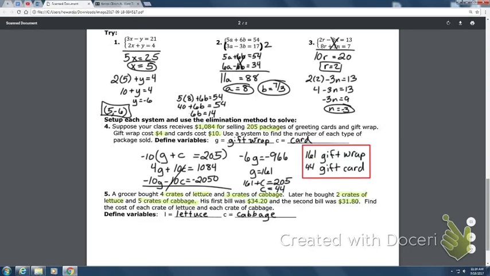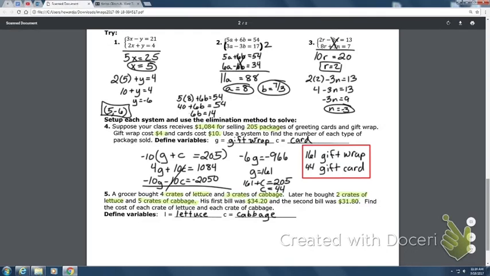L will be lettuce, C will be cabbage. So this is an example of one that will not have the number of and the value. But I do think these equations are actually a little bit easier to piece together than the other one. First time he went, he bought 4 crates of lettuce, 3 crates of cabbage, and he paid $34.20.